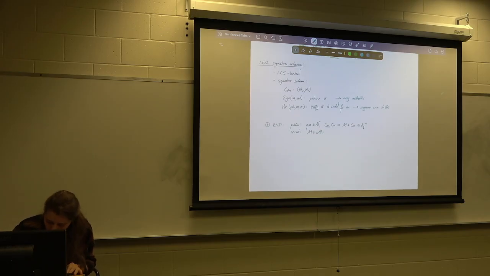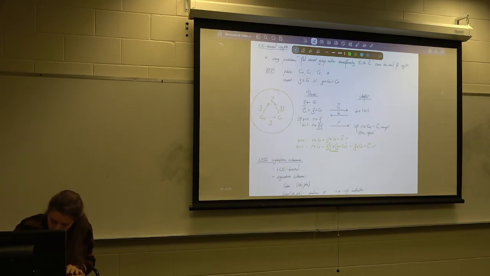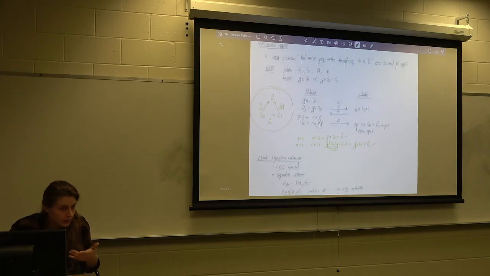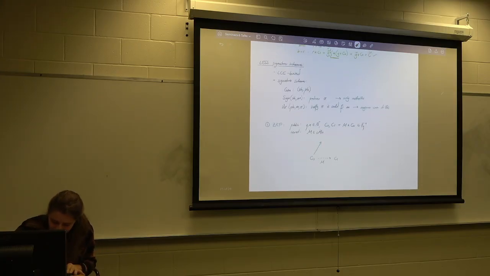The idea for this is the same as before. The prover knows how to get from C0 to C1 via M, but it has 2 cases, just as before. It's going to hide what it knows using this randomly selected group action. Here, I'm randomly selecting this M tilde, which takes C0 to some C tilde.